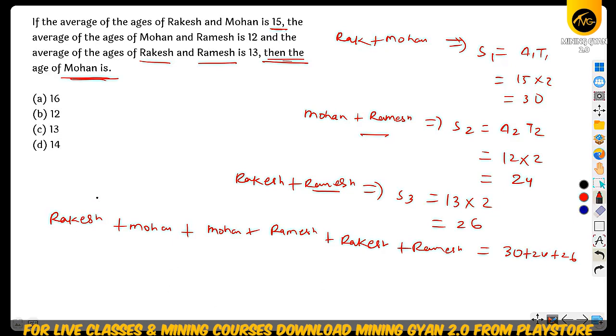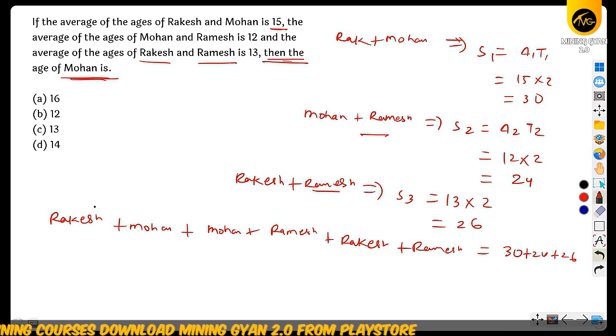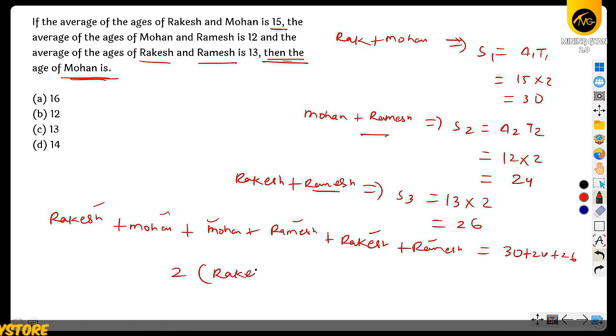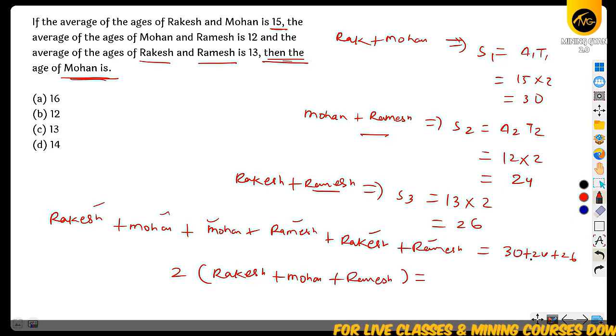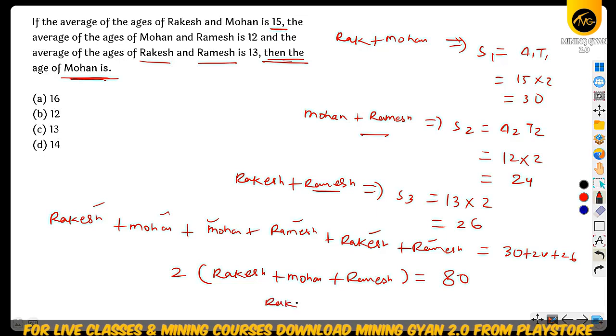You can see that the names are repeating twice: Rakesh and Rakesh, Ramesh and Ramesh, Mohan and Mohan. That means 2 into (Rakesh plus Mohan plus Ramesh) is equal to 30, 24, 54, and 26, that is 80. So Rakesh plus Mohan plus Ramesh is 80 divided by 2, that means 40.